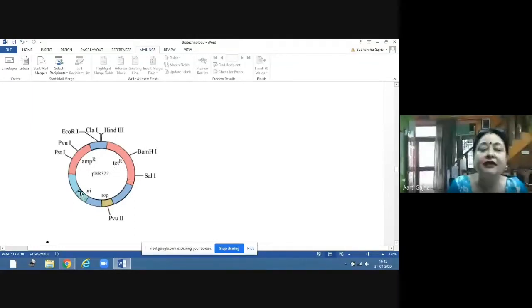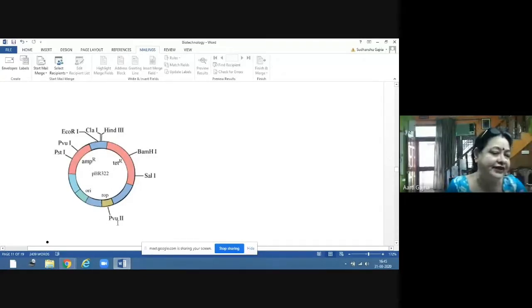And this is the origin of replication, ORI, and this is the ROP. ROP is the protein which helps in the functioning of the DNA polymerase. So it is always with the origin of replication, and it acts as a primer for the replication of the DNA. So this ROP is beside this ORI.